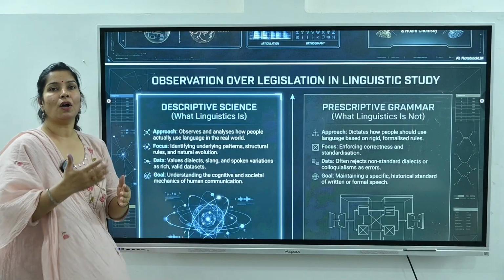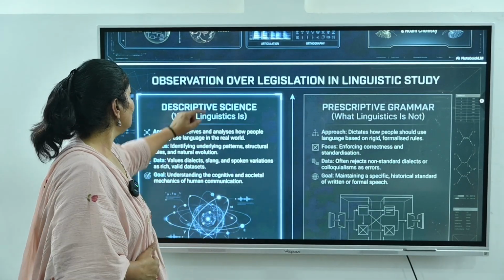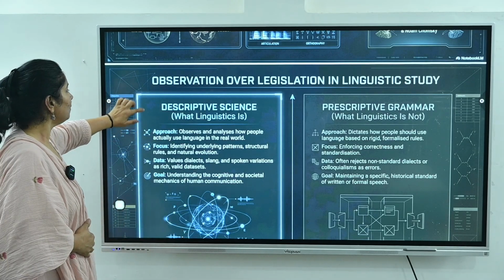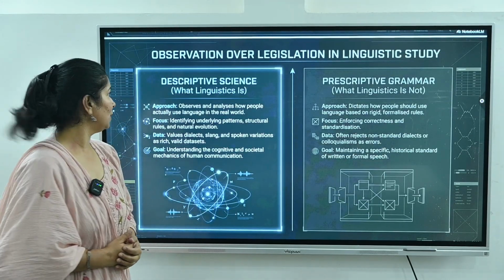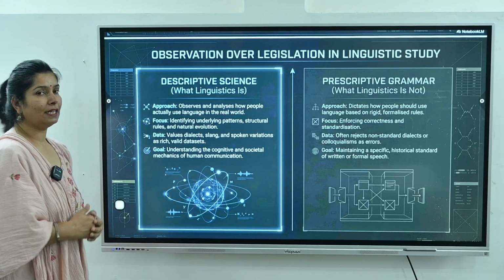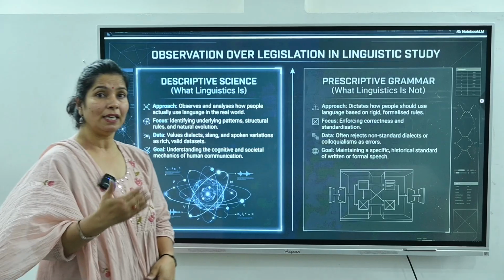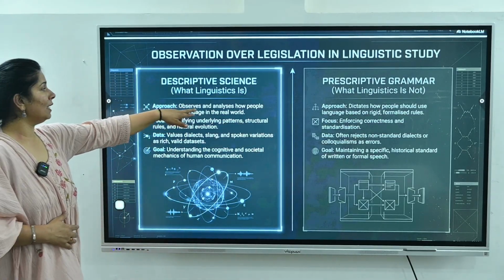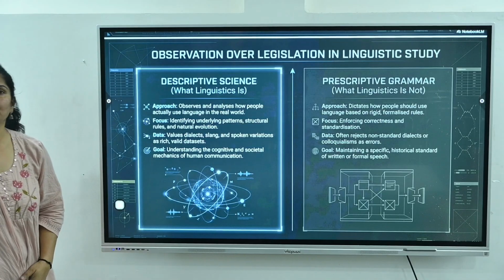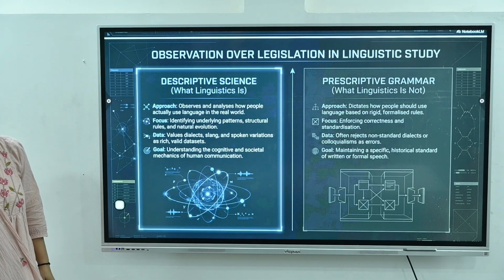So on the basis of these characteristics, we can see that linguistics is descriptive in nature, not prescriptive in nature. Linguistics is based on descriptive science because it observes and analyzes how people actually use language in the real world, in day-to-day life.